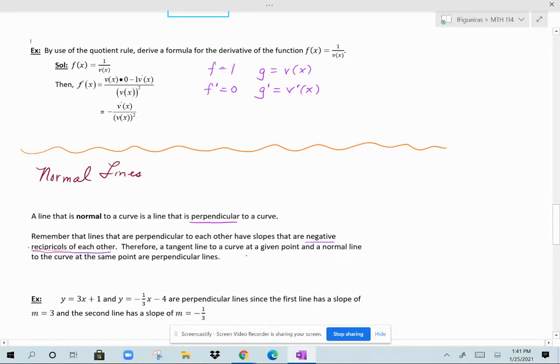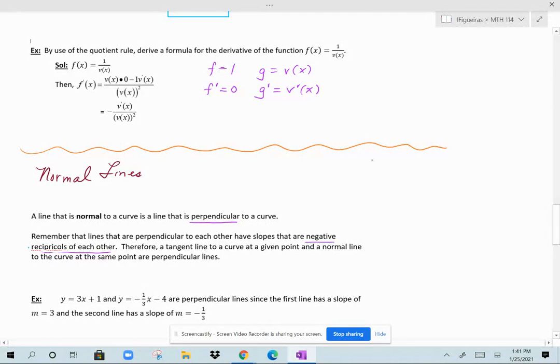Therefore, a tangent line to a curve and a normal line at the same point would be perpendicular lines. So we know that a tangent line has a slope that's equal to the derivative of the curve, and the normal line will have a slope that is the negative reciprocal of that slope.